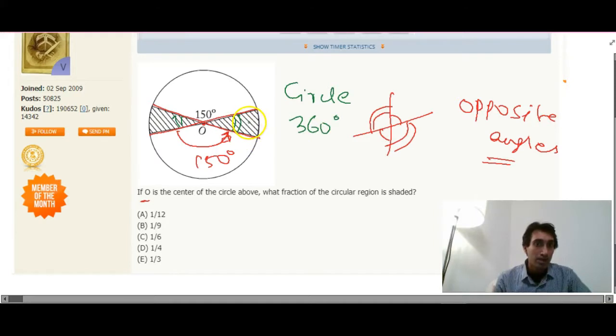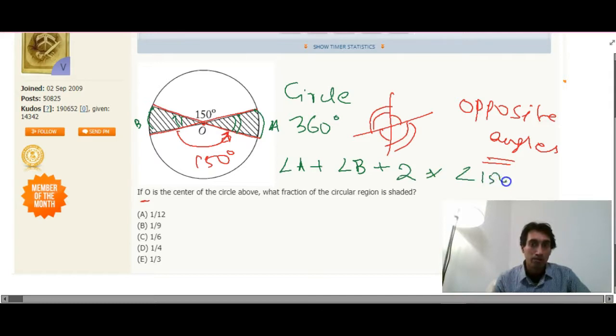So if I say the angle A of this and angle B of this, I can easily write the equation: angle A plus angle B plus 2 into 150 is equal to 360, because in a circle the total angle is 360.